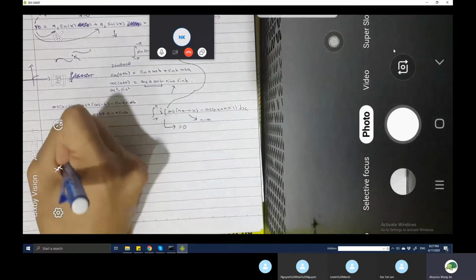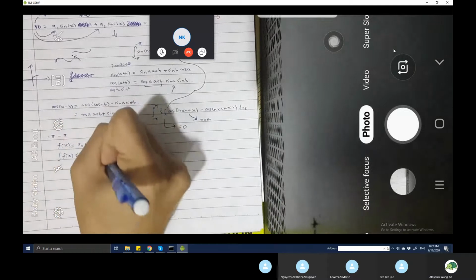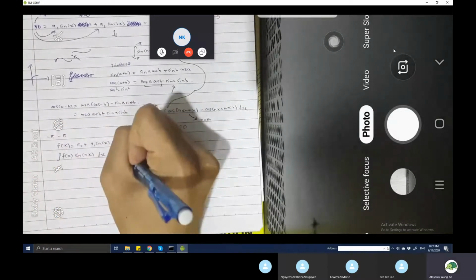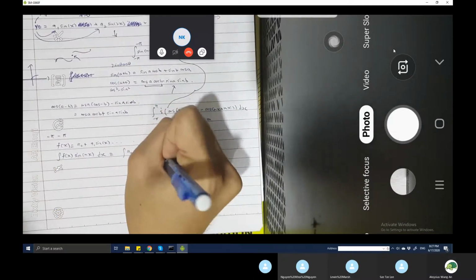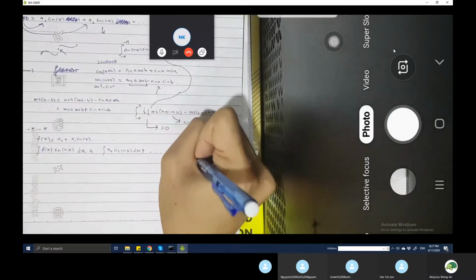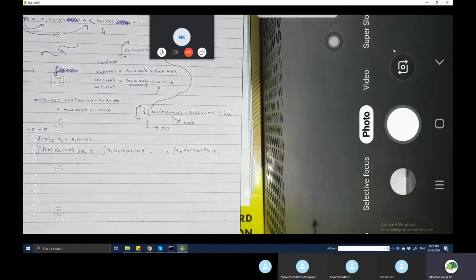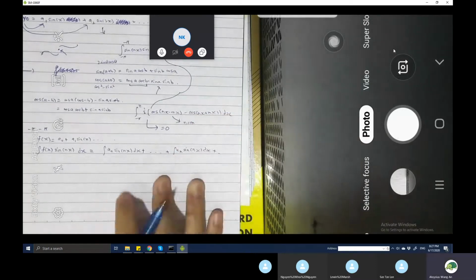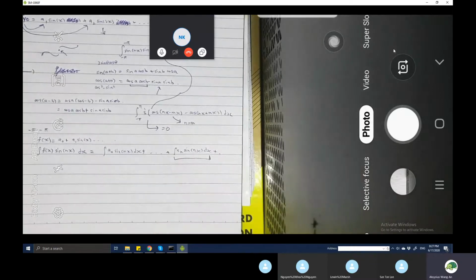You can simply multiply both sides by sine of nx. And the only non-zero term in the right-hand side of this equation is going to be this term.